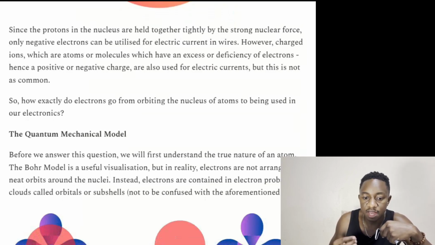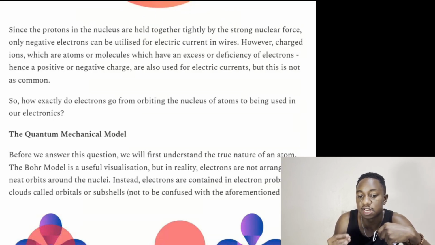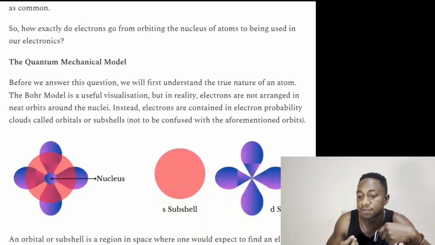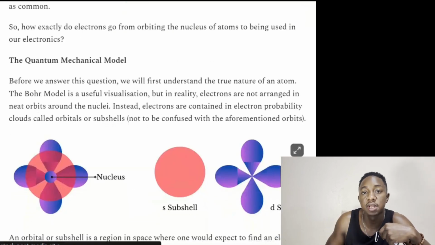However, charged ions, which are atoms or molecules which have an excess or deficiency of electrons, hence a positive or negative charge, are also used for electric current, but this is not as common. So how exactly do electrons go from orbiting the nucleus of an atom to being used in our electronics?